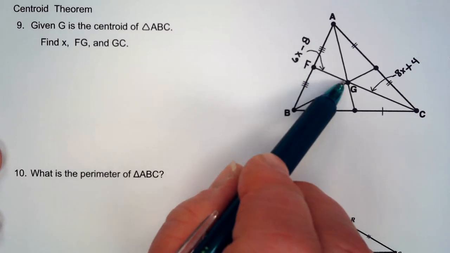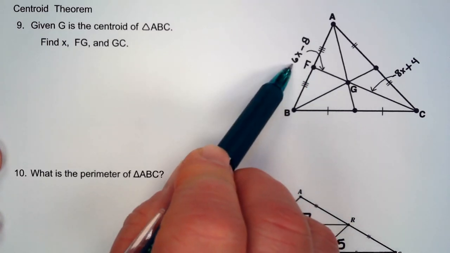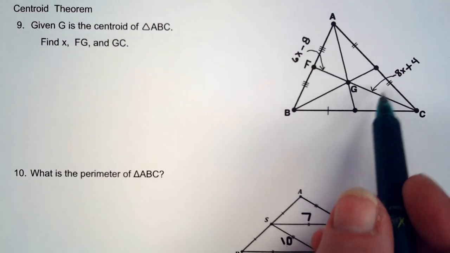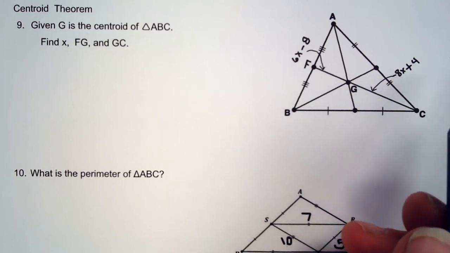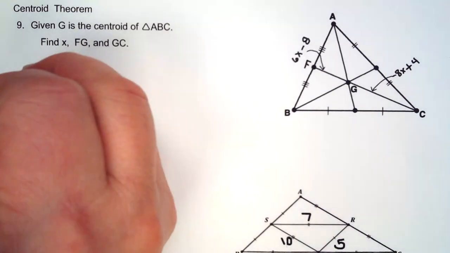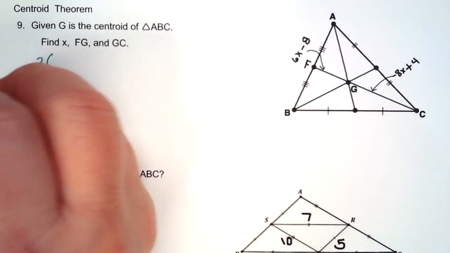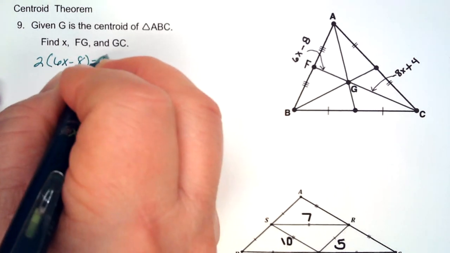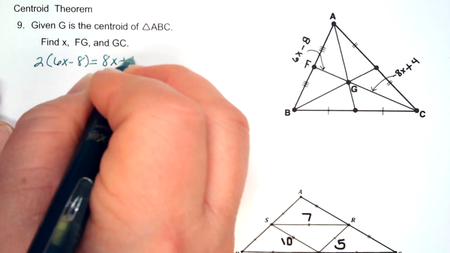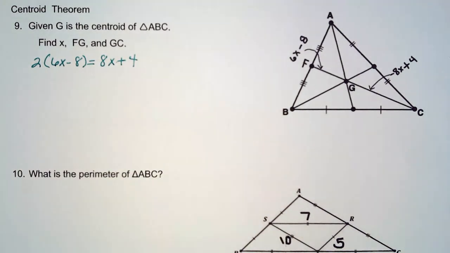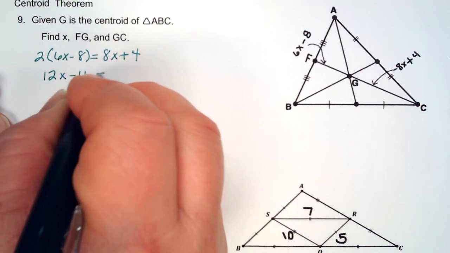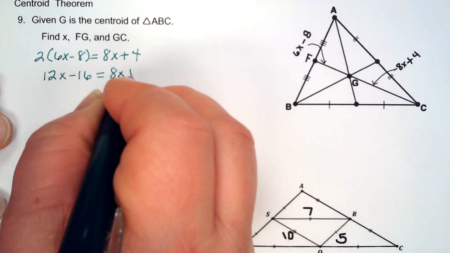So if your smaller one is 6x minus 8, then your larger one is 8x plus 4. So 2 times 6x minus 8 is equal to 8x plus 4. 12x minus 16 is equal to 8x plus 4.